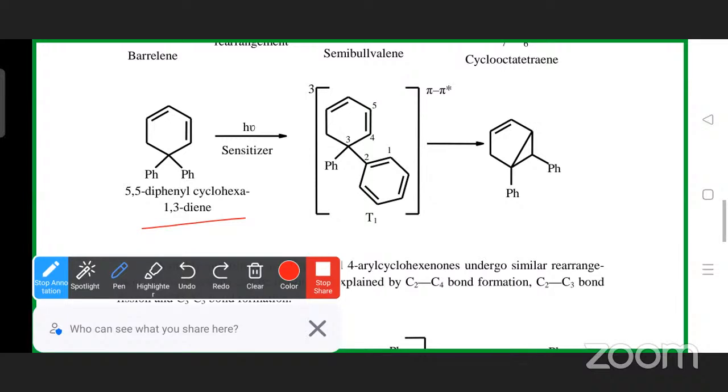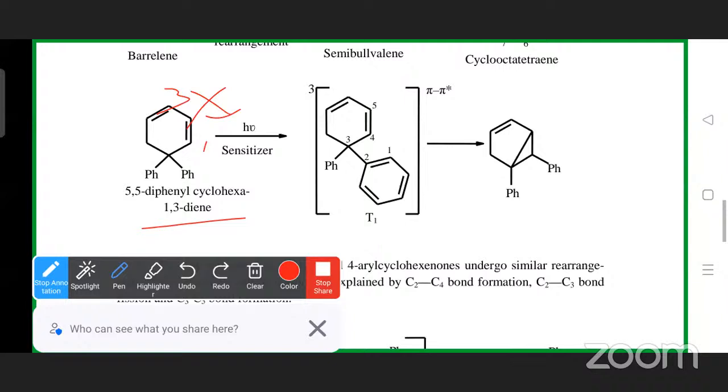Generally it is not okay. It should be at the 1,4 position. If you number 1, 2, 3, it is 1,3. So this is not valid here.